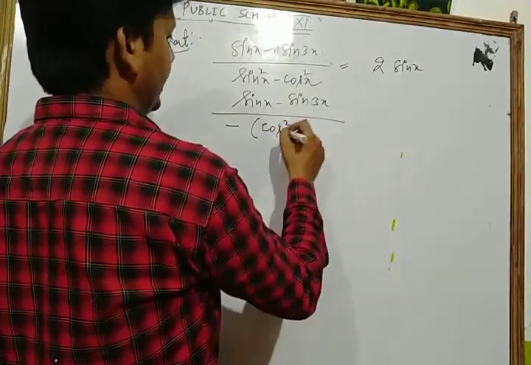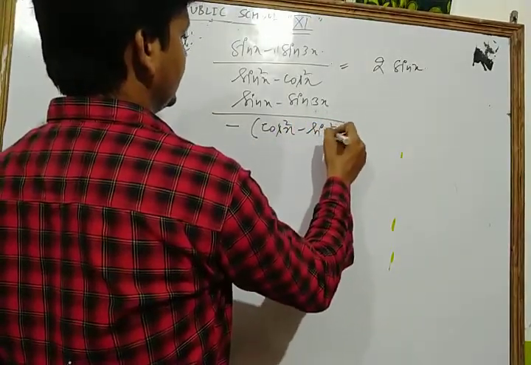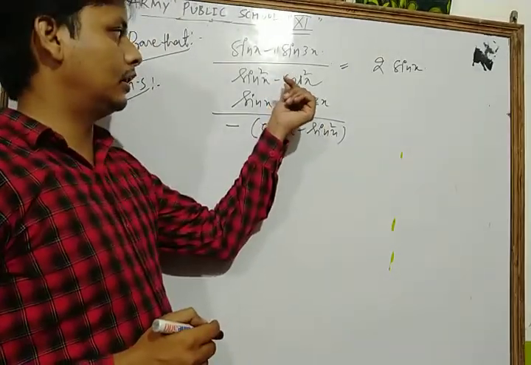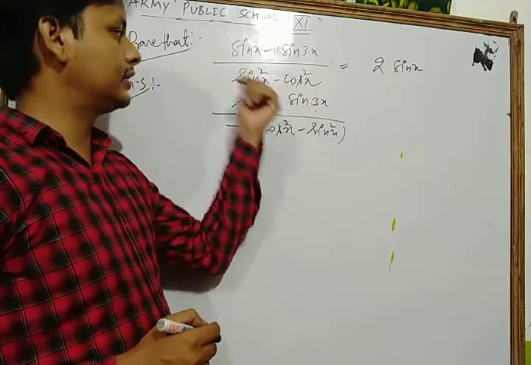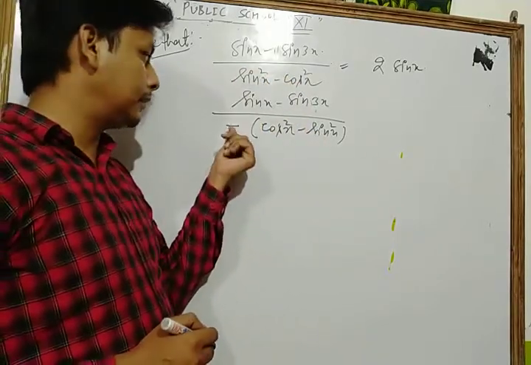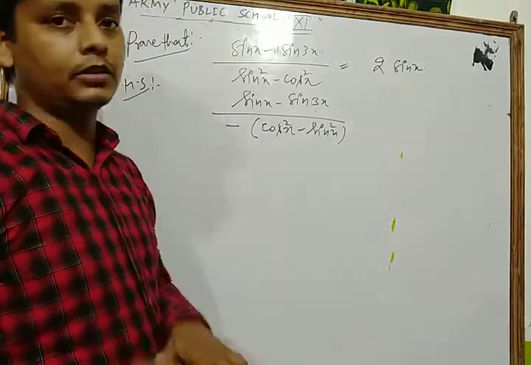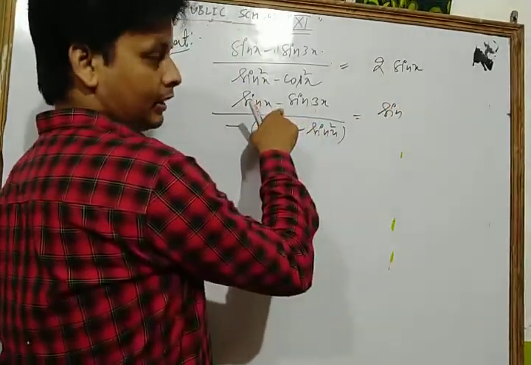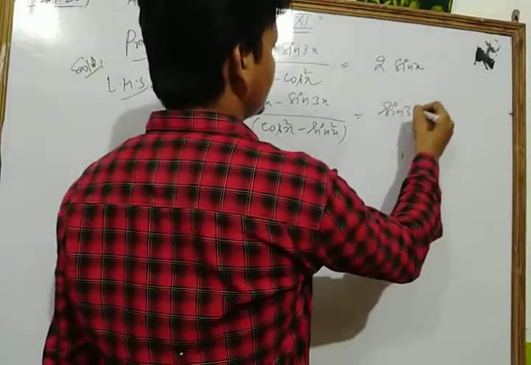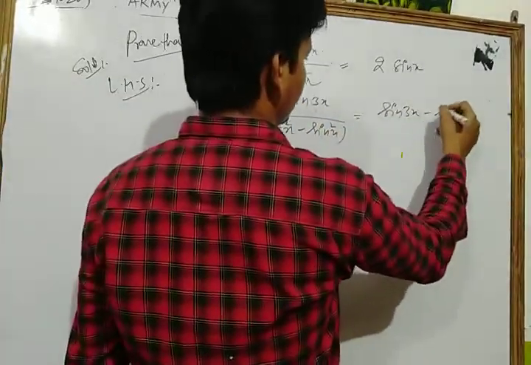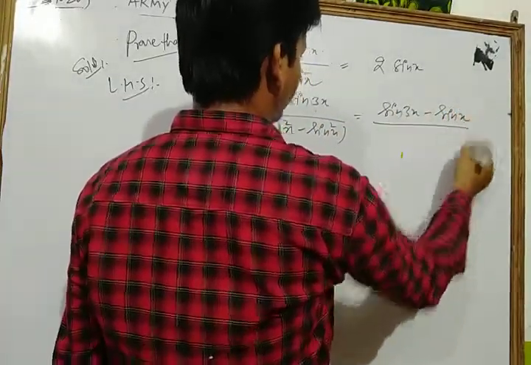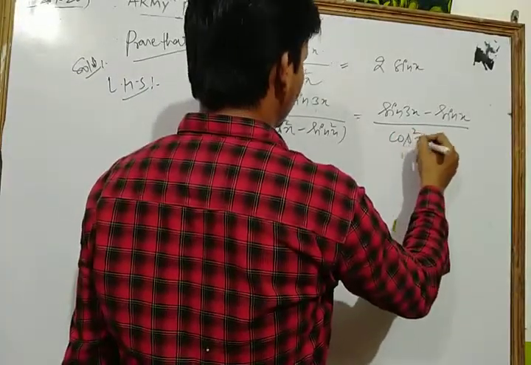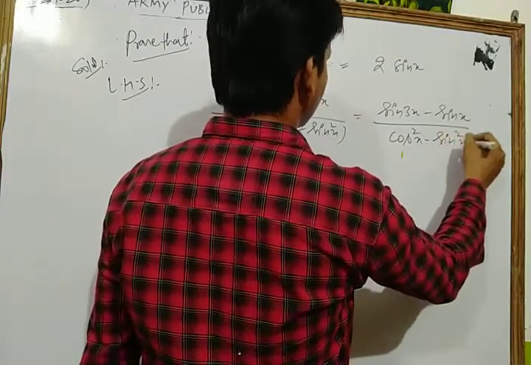If we take minus as common, then we get cos square x as positive and sin square x as negative, and now we multiply this minus into the numerator. So this is minus, so it converts into plus, that is sin 3x minus sin x upon cos square x minus sin square x in the denominator.